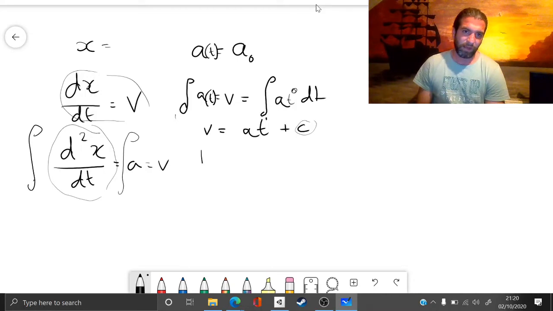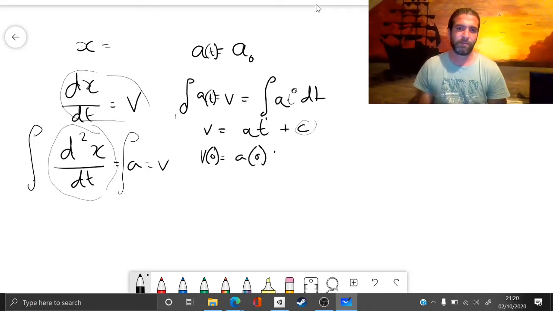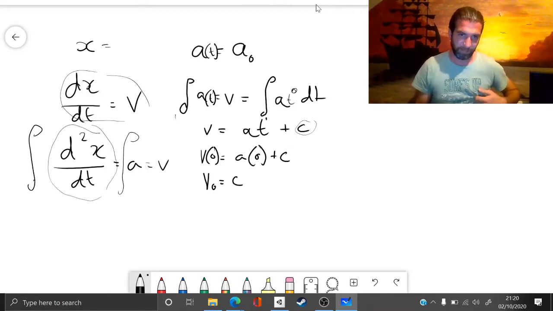Well, at t equal to 0, this becomes a times 0 plus c. So the initial velocity v0 must be equal to c. We call it v sub naught because it's the initial velocity.